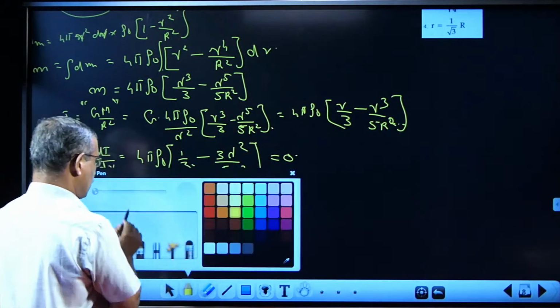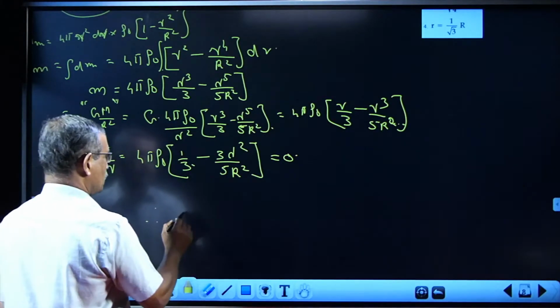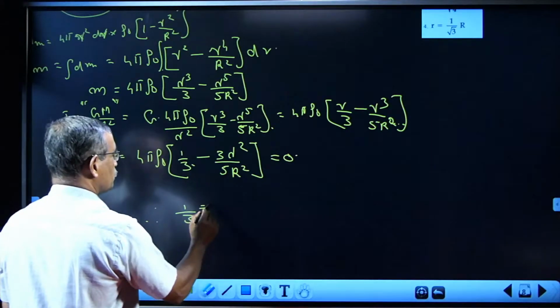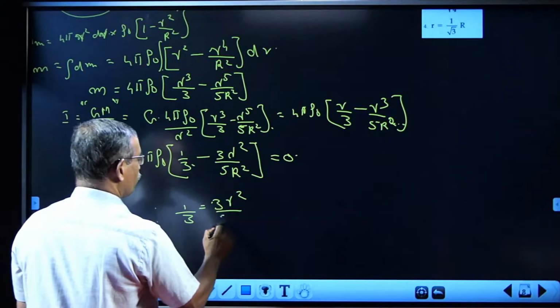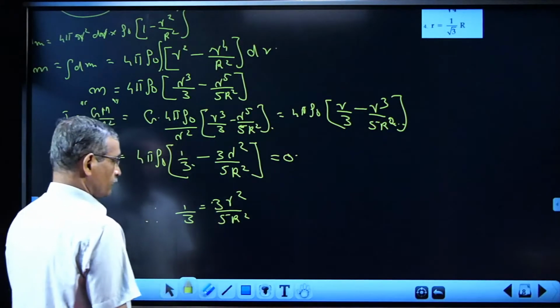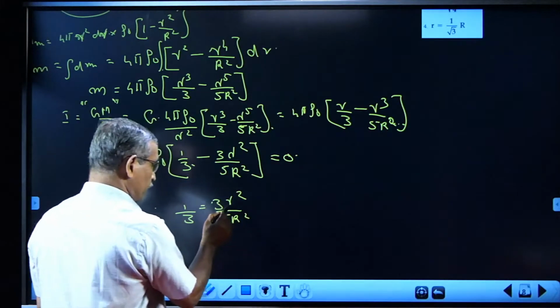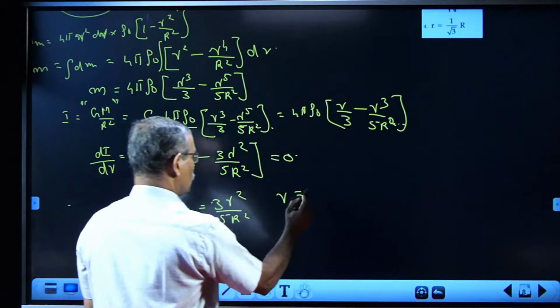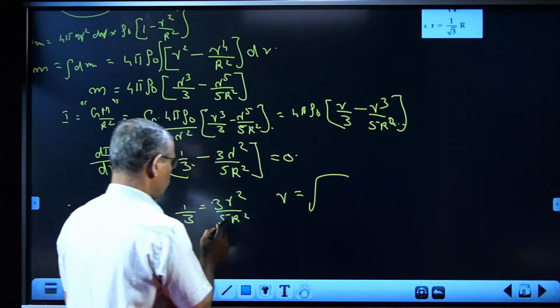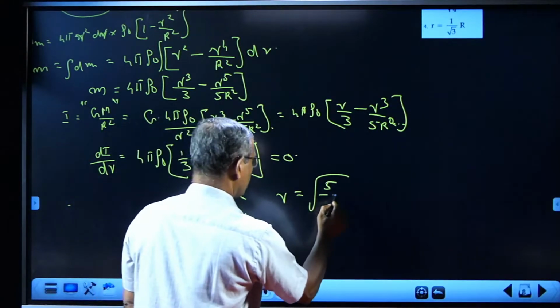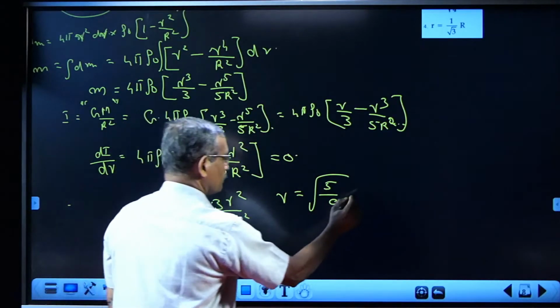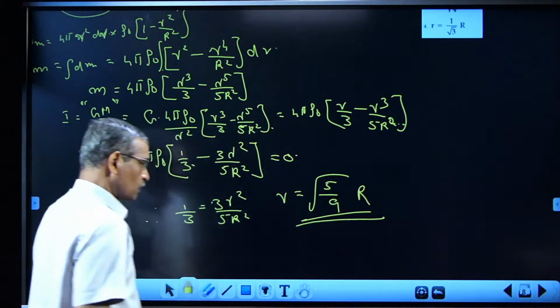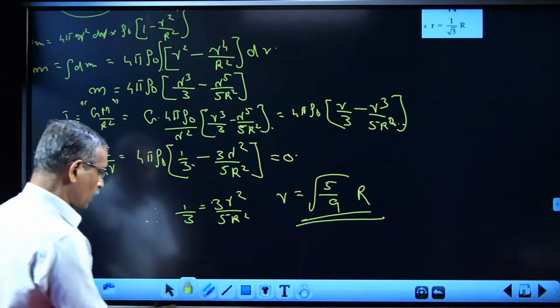Therefore, by applying the condition for maxima, 1/3 is equal to 3 r squared by 5 R squared. And we have to find the value of r. Therefore, r is equal to root of 5/9 R.